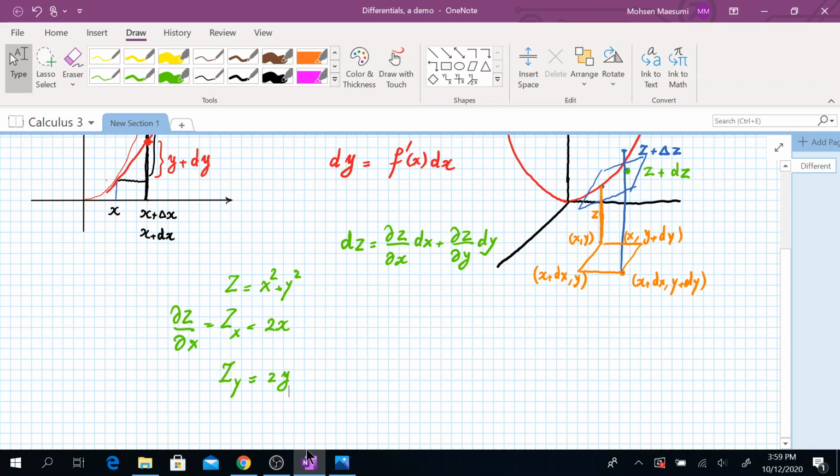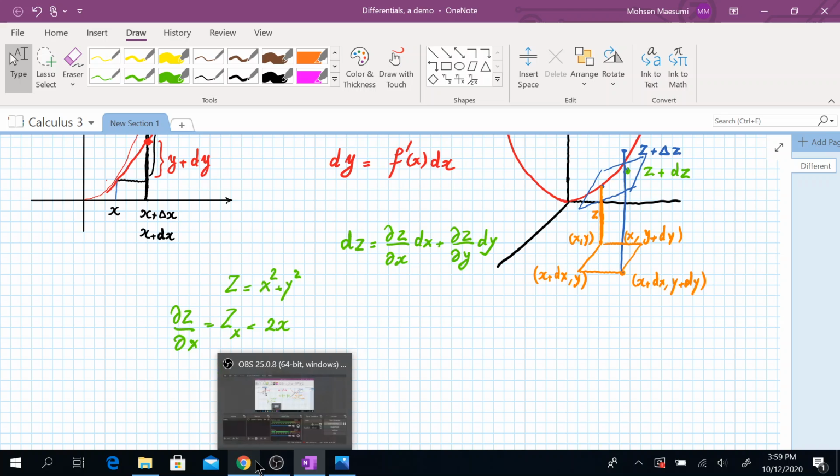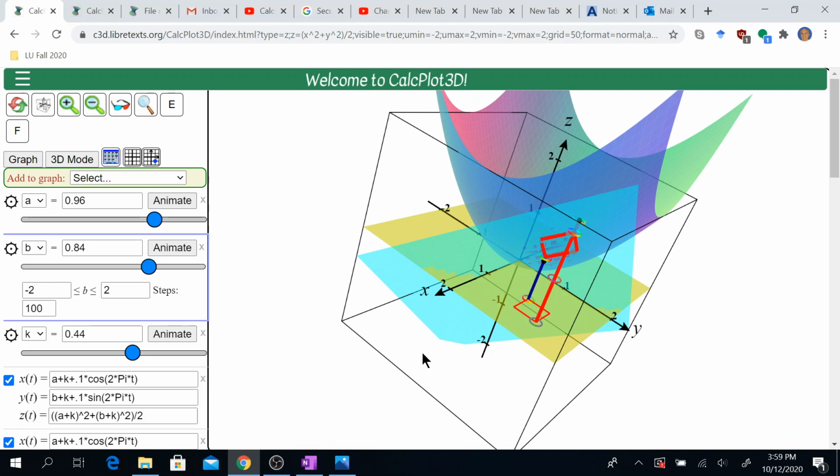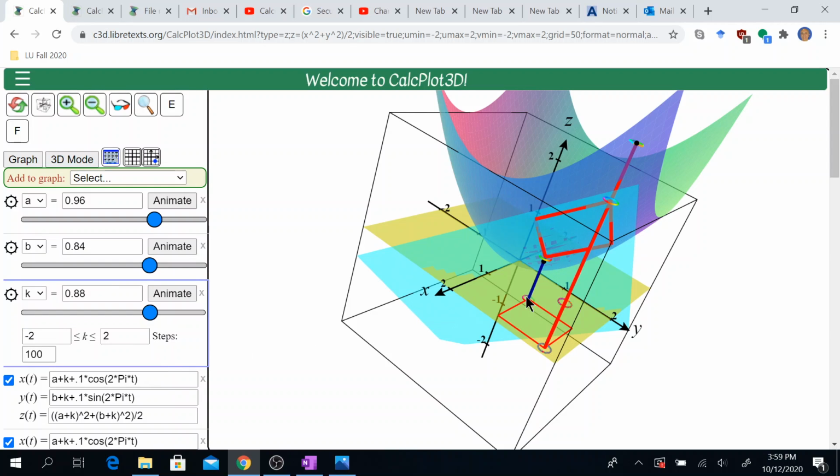What are these two quantities, 2x and 2y? These are the slopes. So let's go back to our picture here. Let's magnify this slightly so that we can see. When I change my x, my z changes, and the slope at which I am changing my z is going to be the partial derivative of z with respect to x at this location, which we calculated to be 2x.